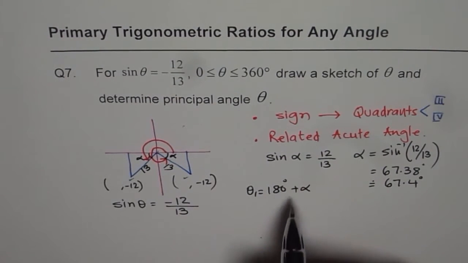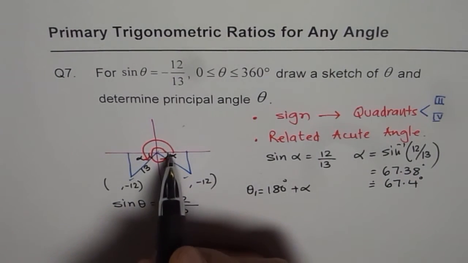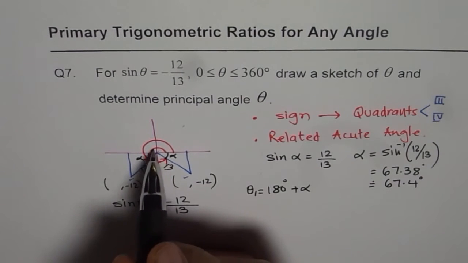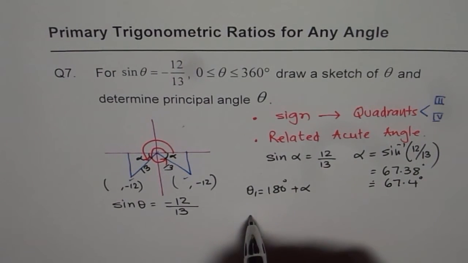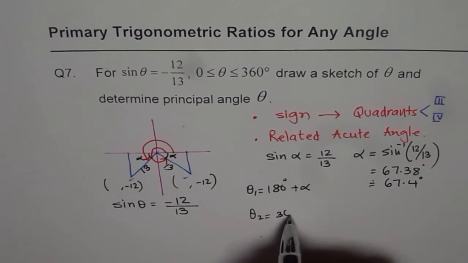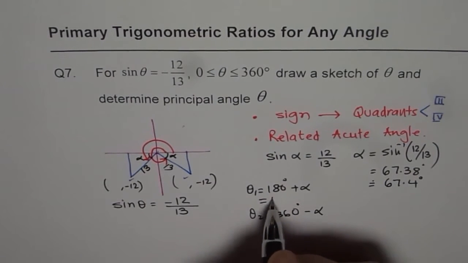And the other angle, theta 2, is 360 degrees minus alpha. We can calculate both and get the answer.